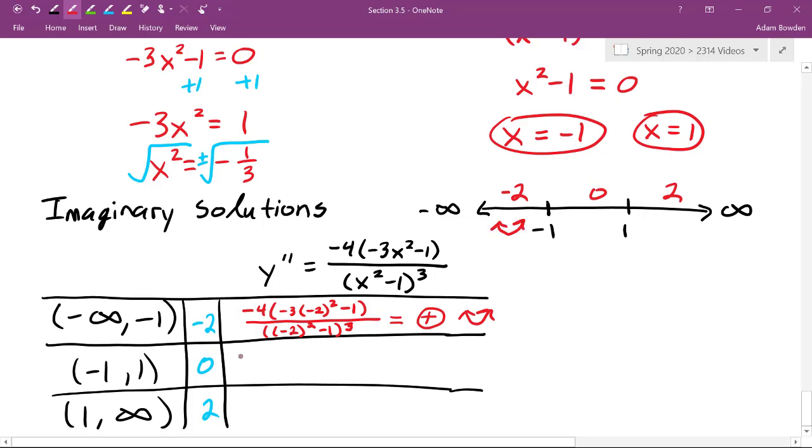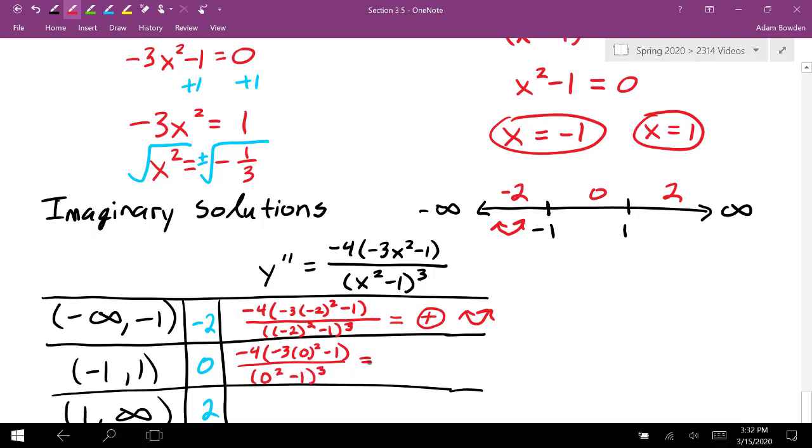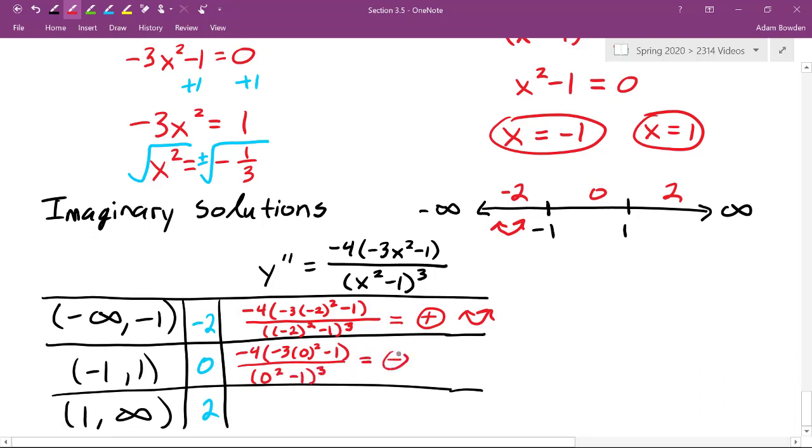Now if we plug in 0 for our x, it's going to now come out to be a negative number. We'll have concave downward.